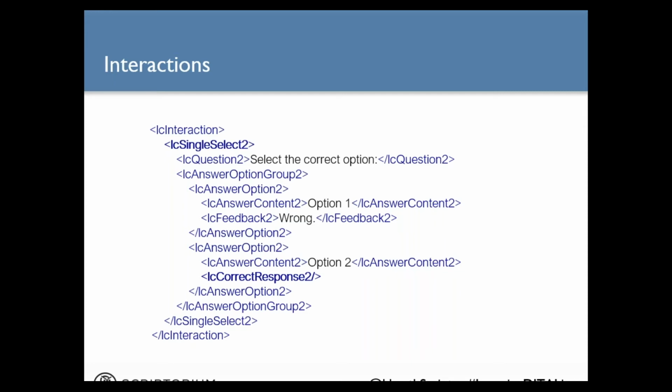And so you can include feedback that students will see based on the answers that they select. So especially useful, again, for e-learning content, where you might not have an instructor right there, but based on the answer that they select, you can give them specific feedback on why that's wrong. And you can also do that with the correct answer as well. I just have not included that here.